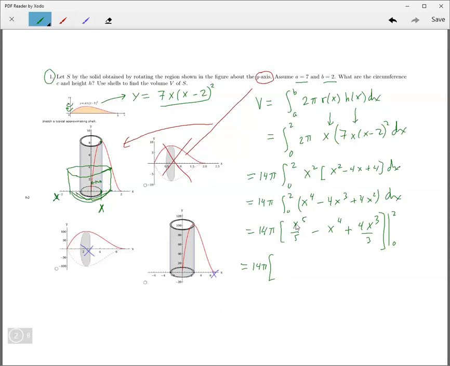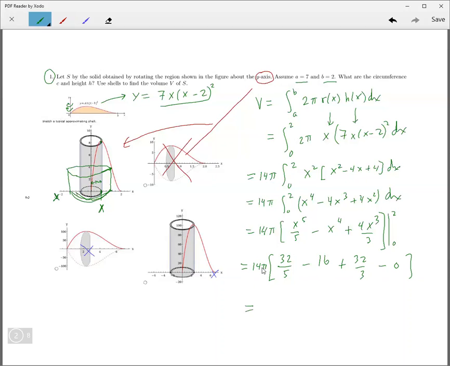Okay, plugging a 2 into here, 2 to the 5th is 32. Here it's 2 to the 4th, that's 16. Here it's 2 cubed is 8. 8 times 4 is 32. And then when you plug zeros in, then it's all 0. So you get that.